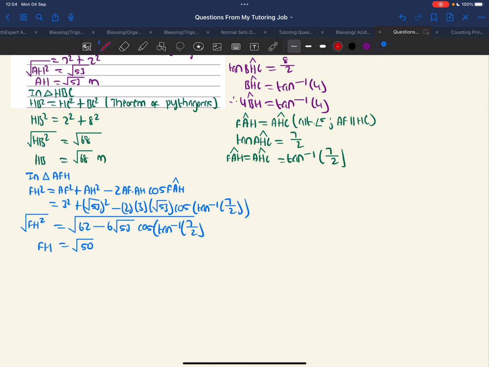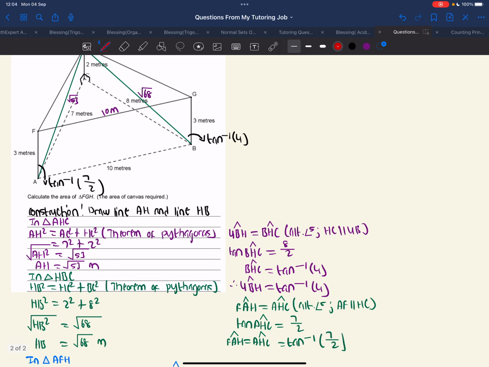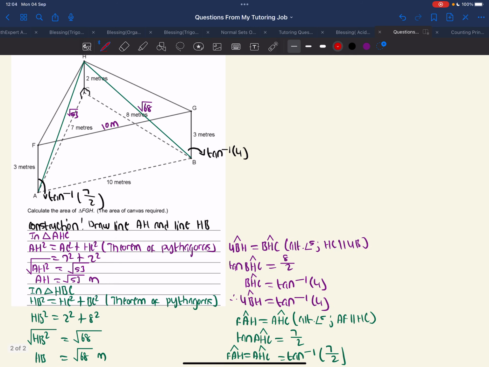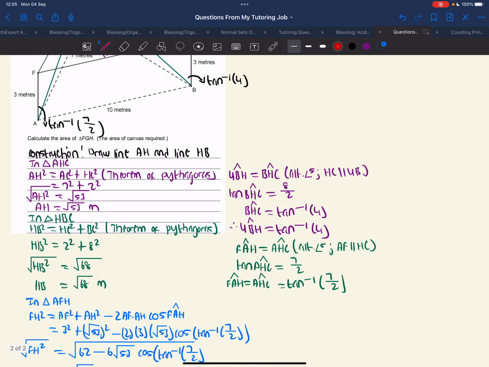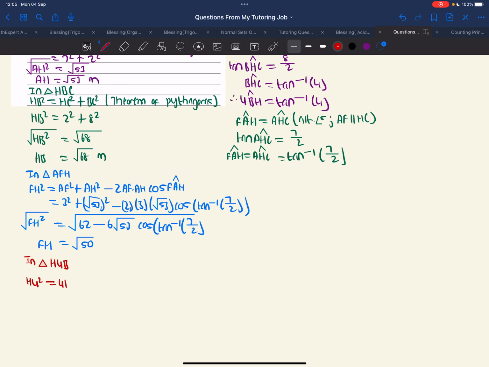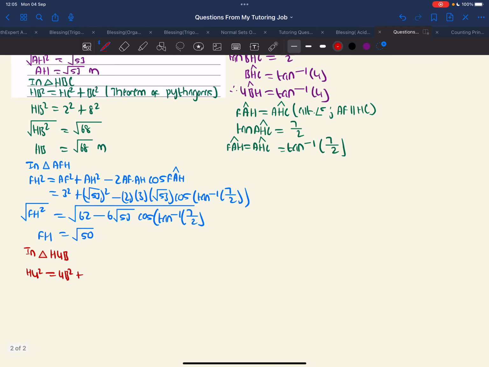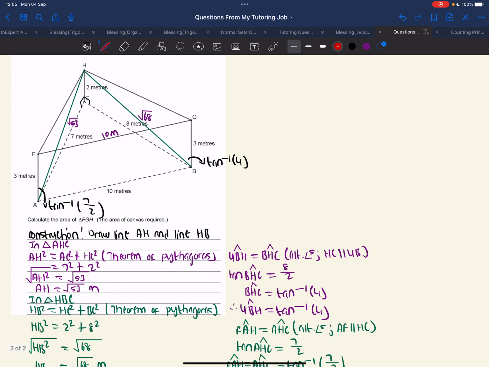All right, and then now working in triangle HGB. Now in triangle HGB, to find HG squared, it's going to be equal to GB squared plus HB squared minus 2 times HB cos of angle GBH, right?